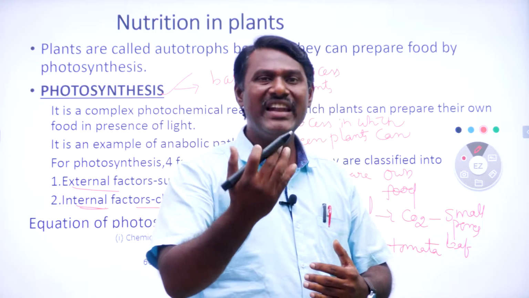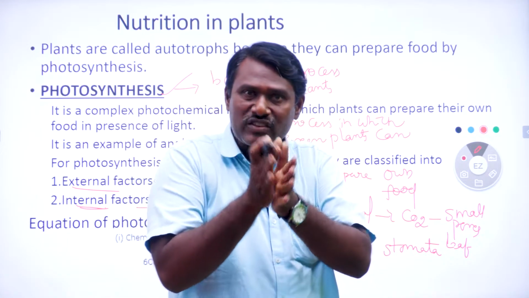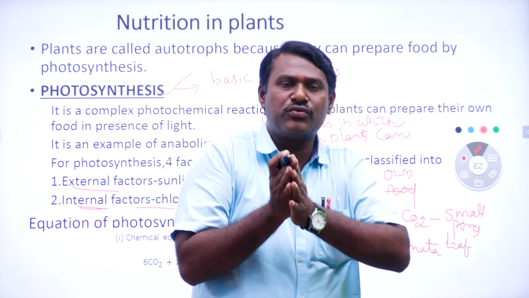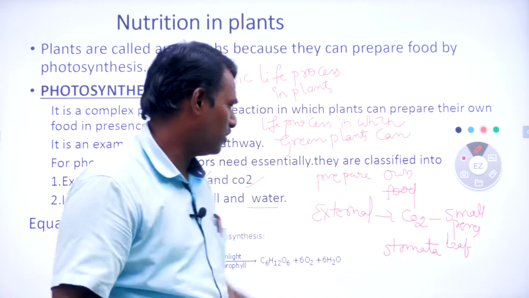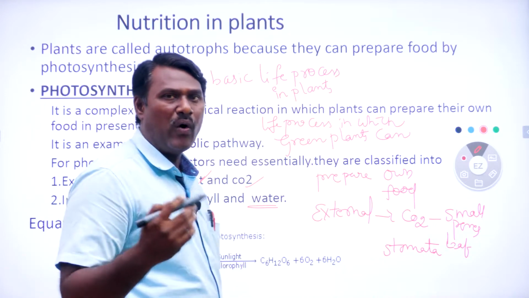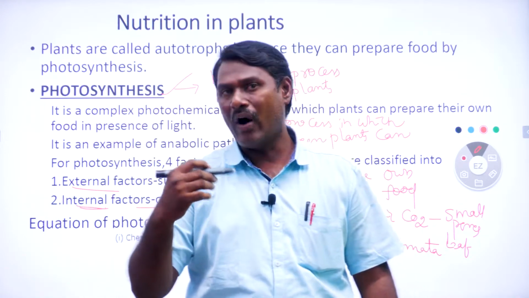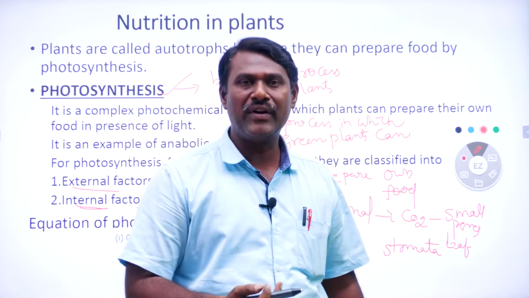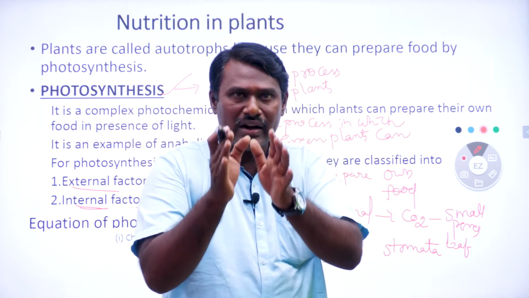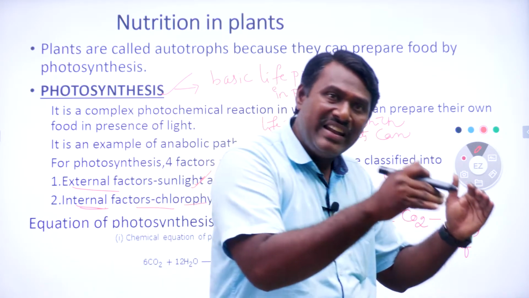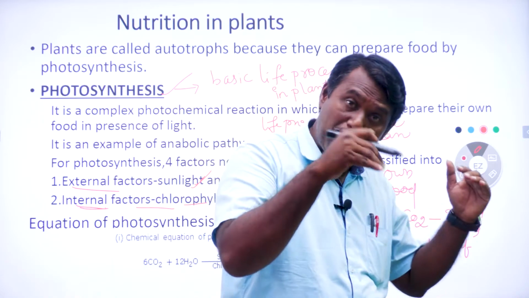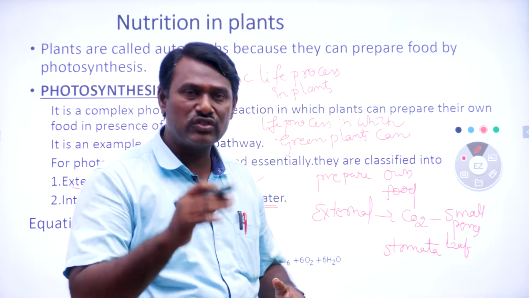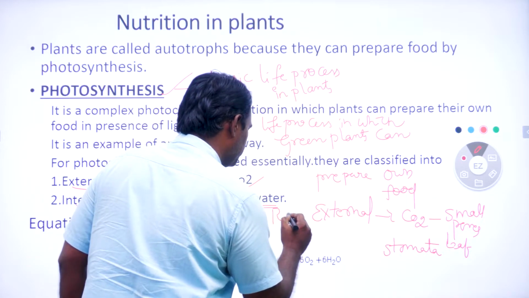This chlorophyll is mainly useful in the photosynthesis process. Next is water. Water is one of the essential factors required for photosynthesis, and it is taken by the plant through roots.